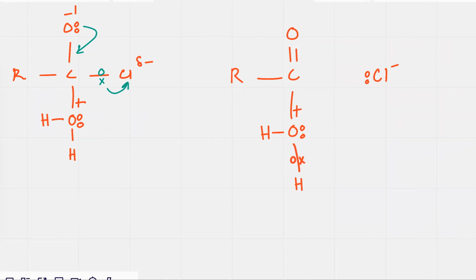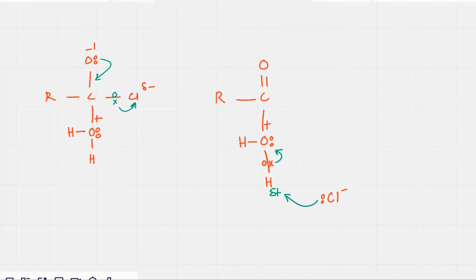The Cl-1 comes back. And the H gives its electrons back. And this positive H over here gets attracted to Cl.